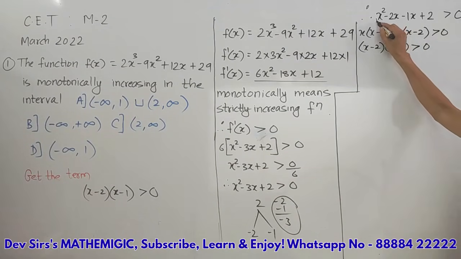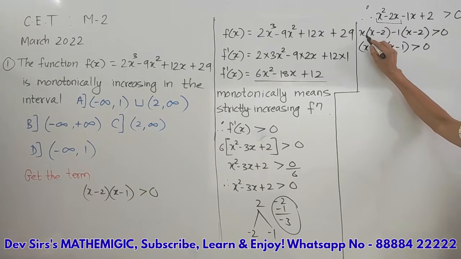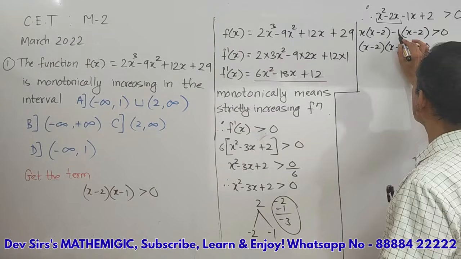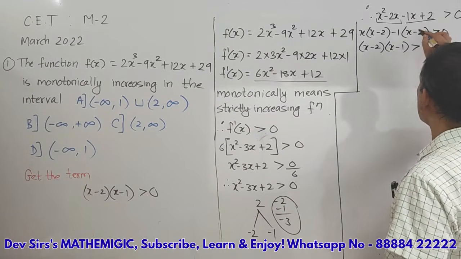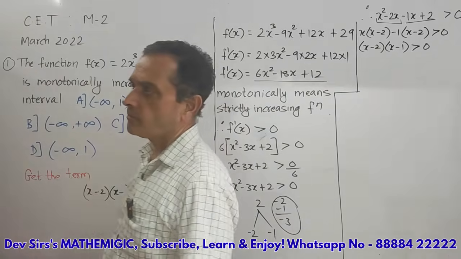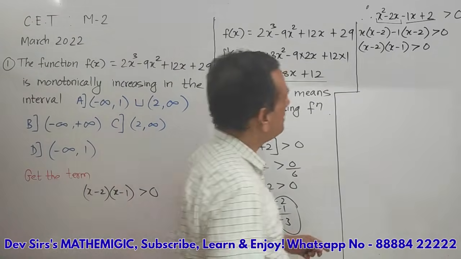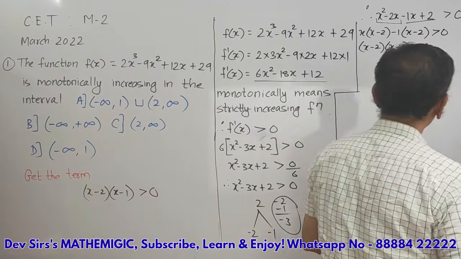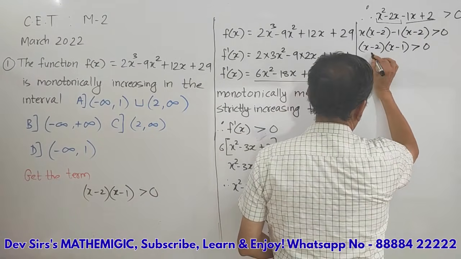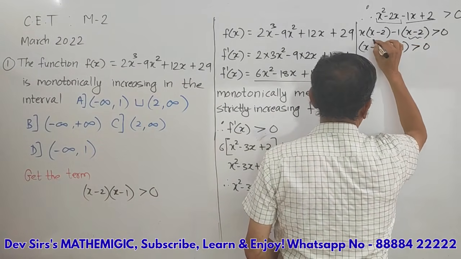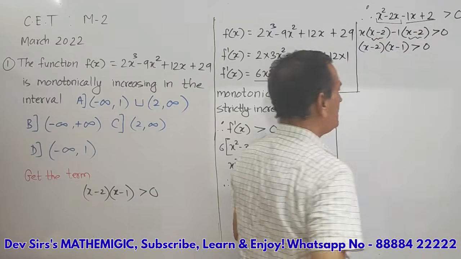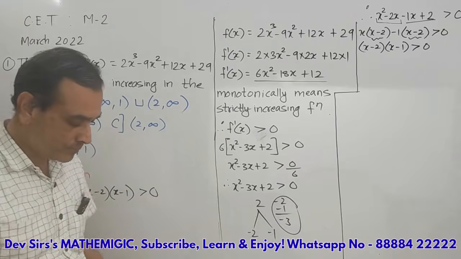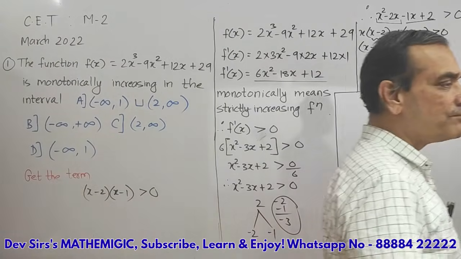From the first two terms, take out x common. x into bracket x minus 2. From the last two terms, along with the sign, if nothing is common, 1 is common. So minus 1 common. Again x minus 2 should be repeated. So these are the two factors. x minus 2 common came back, into x minus 1 greater than 0. Equal to 0 not. Okay, so this was all quite simple.